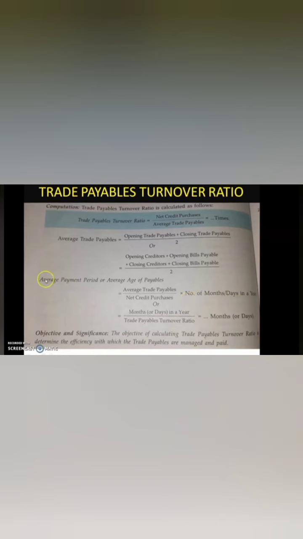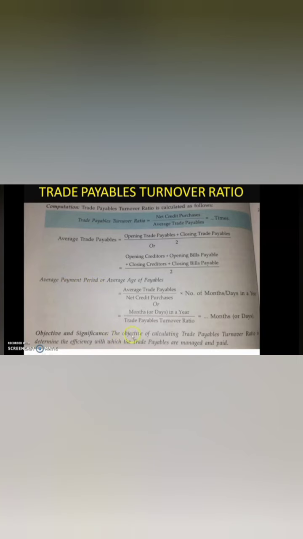Or you can use months or days in a year divided by the trade payables turnover ratio. So you will get the answer either in months or days. That is your average payment period. Only if the question asks you to do this do you have to find the average payment period.